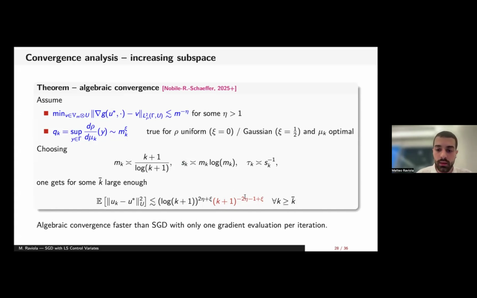And so in our convergence rate we have the -1, so we have an algebraic convergence rate, but an improved one. The -1 comes from the standard stochastic gradient decay. Then we have this extra term, xi minus 2 eta, which essentially depends on how much we improve by exploiting the smoothness of our map, grad G, at the optimal control.